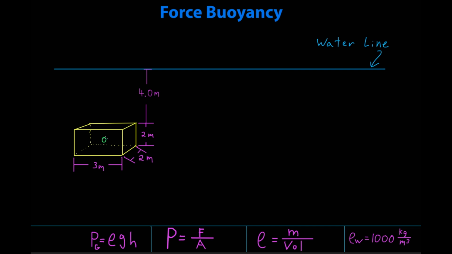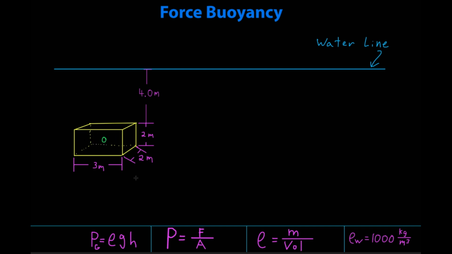The same is true of the force toward the front and the force toward the back. In other words, this surface here and the surface exactly opposite on the other side are both vertical, have the same area, and have the same depth, so those two forces cancel as well.